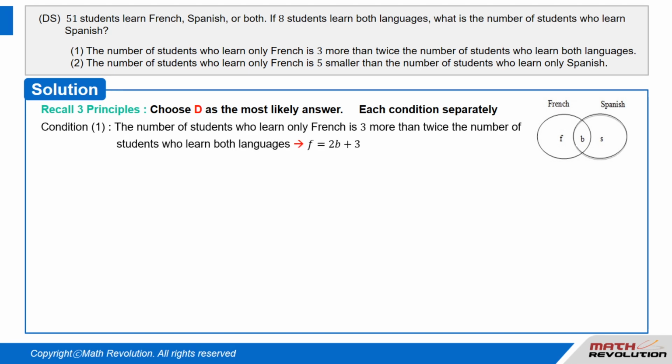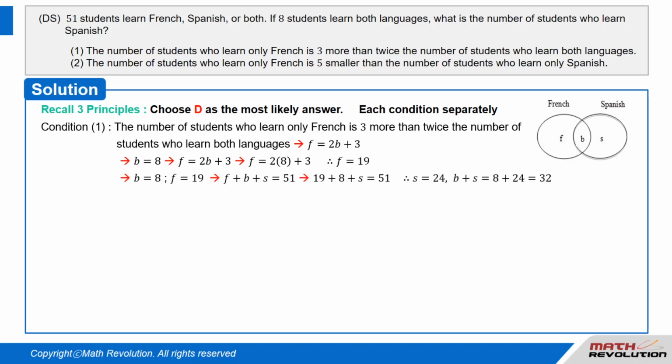Condition 1 tells us that the number of students who learn only French is 3 more than twice the number of students who learn both languages. Therefore, F equals 2 times B plus 3. We know B equals 8 and can substitute that in to get 2 times 8 plus 3, which equals 16 plus 3, which equals 19.